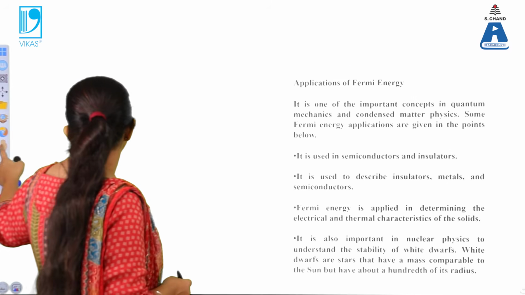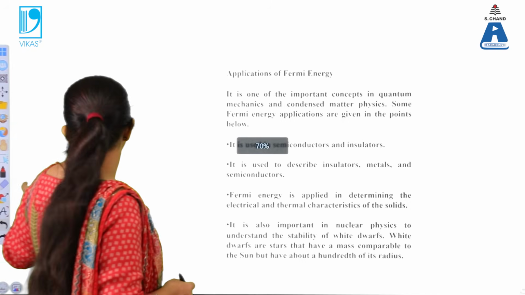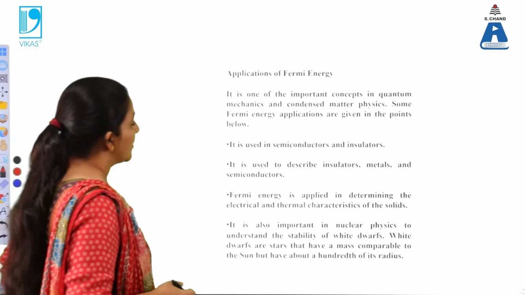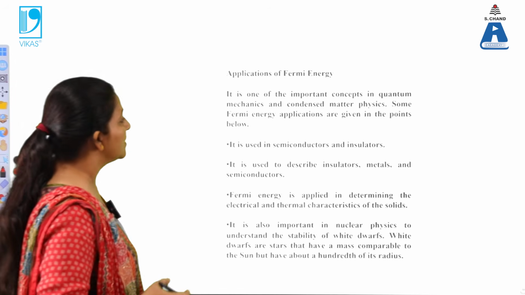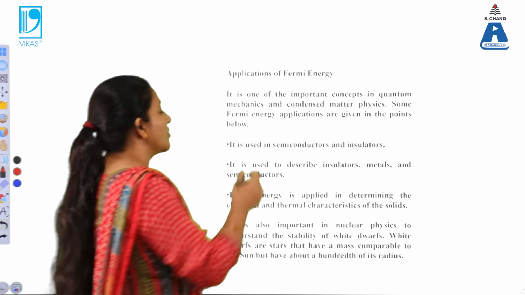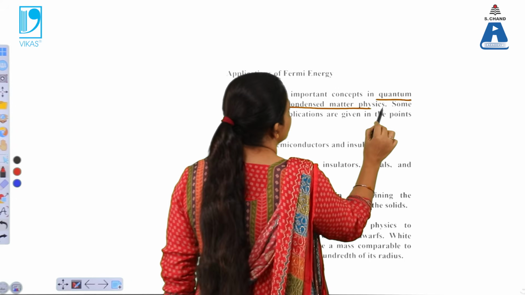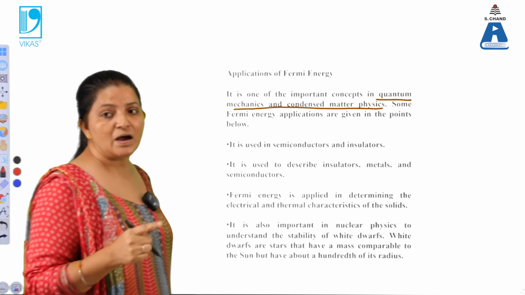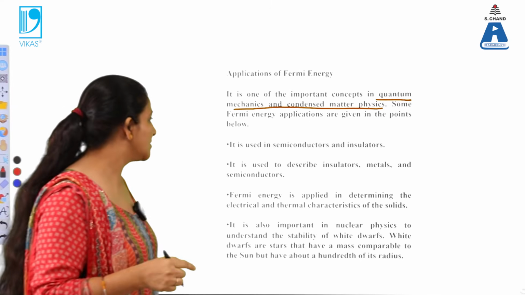Now there are some applications of this Fermi energy. This is one of the important concepts in quantum mechanics and condensed matter physics, because materials can be distinguished into three forms: either metals or conductors, insulators, or semiconductors.